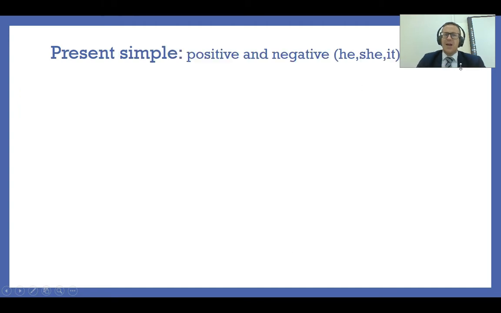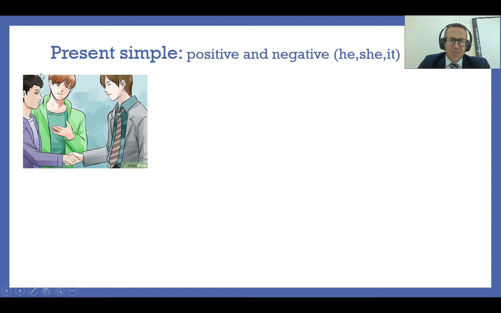Now let's look at present simple, positive and negative for he, she, it. So in the last unit, you did present simple for I, you, we, and they, but this is he, she, and it, and it's a little different. So here we have 3 people.